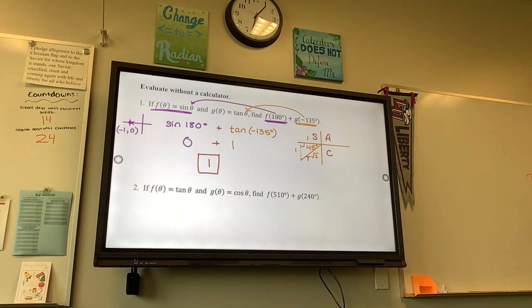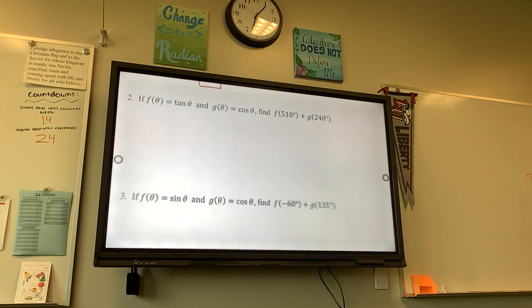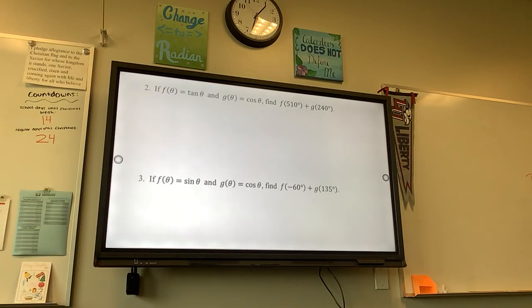Let's start the process over again, starting with the functions. If it says f at 510, what does that look like? Applying the f function. Tangent of what? 510. Good. Bring down a plus sign.